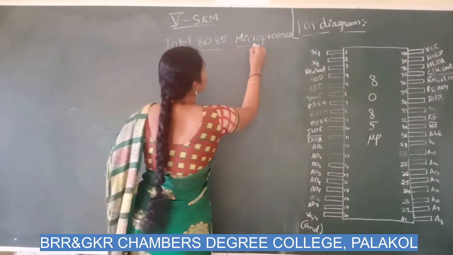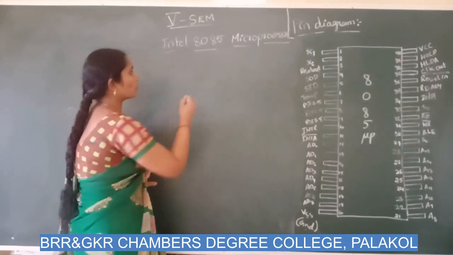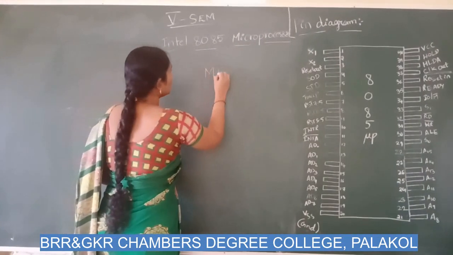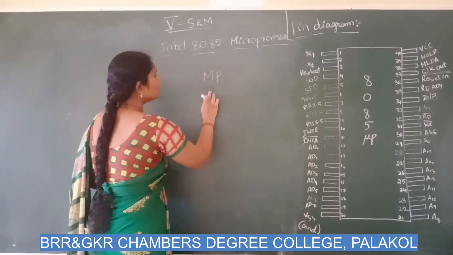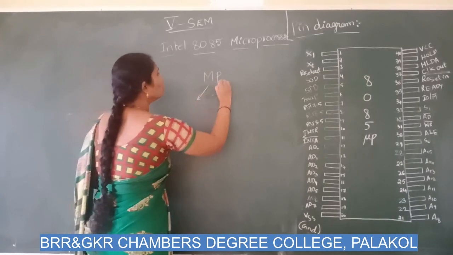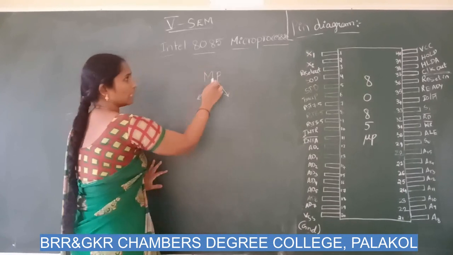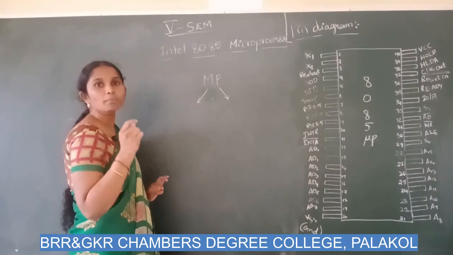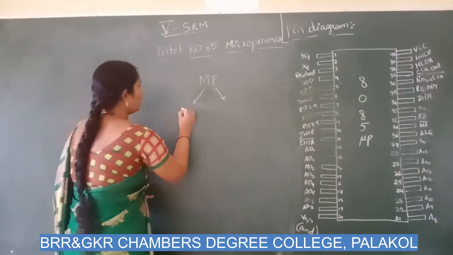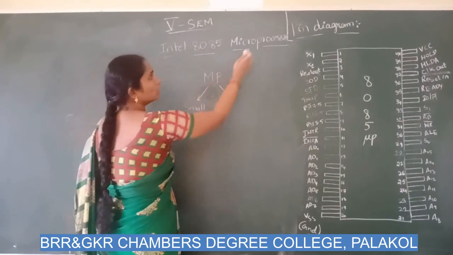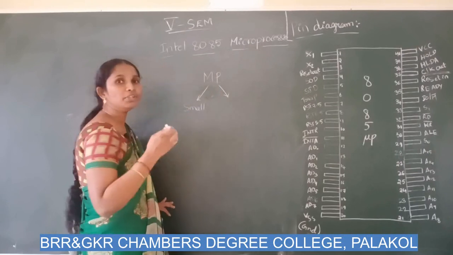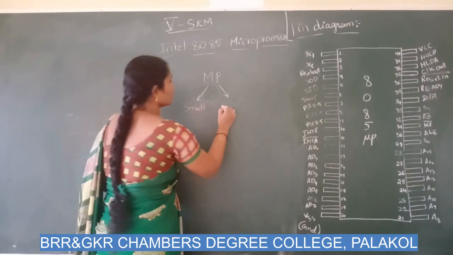Okay, so the word microprocessor is divided into two parts. Here M is nothing but micro. Micro is nothing but small, and processor is nothing but it will perform the operations.